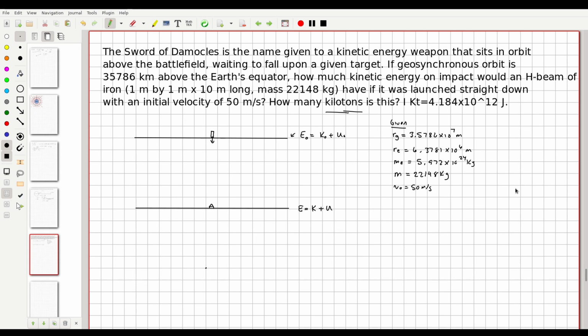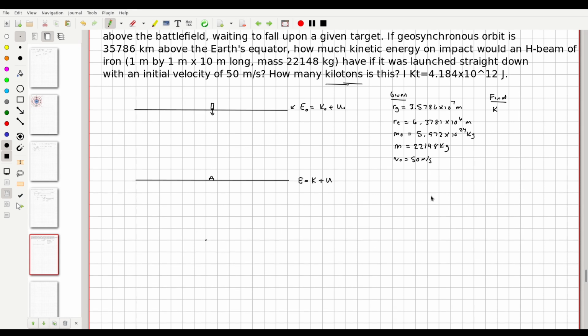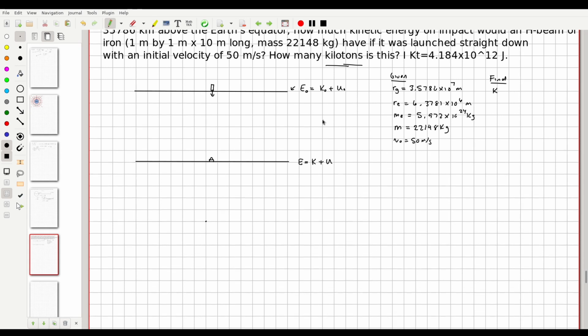Now, what are we trying to find? I want to find the kinetic energy upon impact. Let's talk about what our energies are going to look like. Our kinetic energy is going to look like 1/2 the mass of that crowbar, that girder, which is just m, times v naught squared.